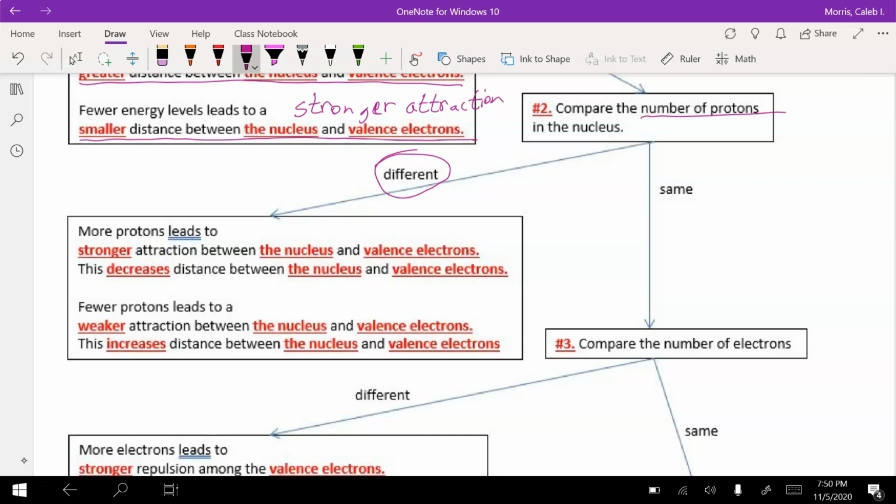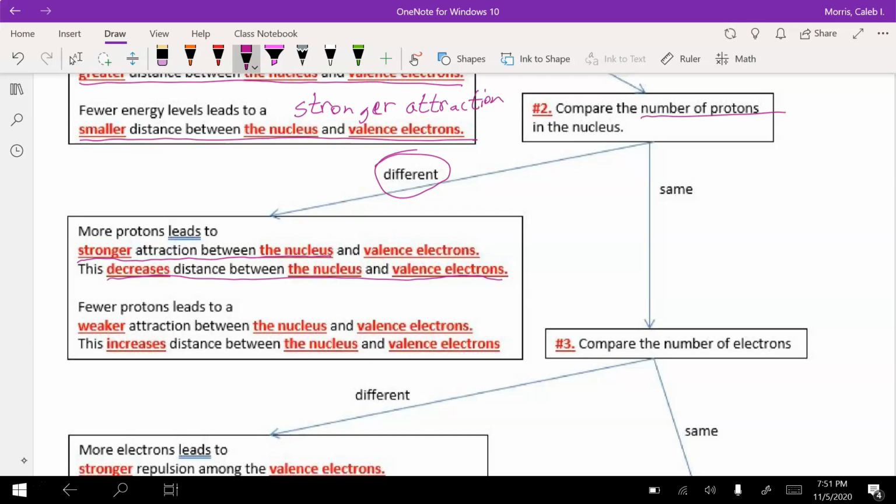If you have more protons, that leads to a stronger attraction between the nucleus and the valence electrons. And that, because we have a stronger attraction, that means that those electrons on the outside, which is what defines how big the atom is, those electrons get closer, so the volume of the atom or the size of the atom gets smaller and our atomic radius shrinks. So this decreases the distance between the nucleus and the valence electrons.